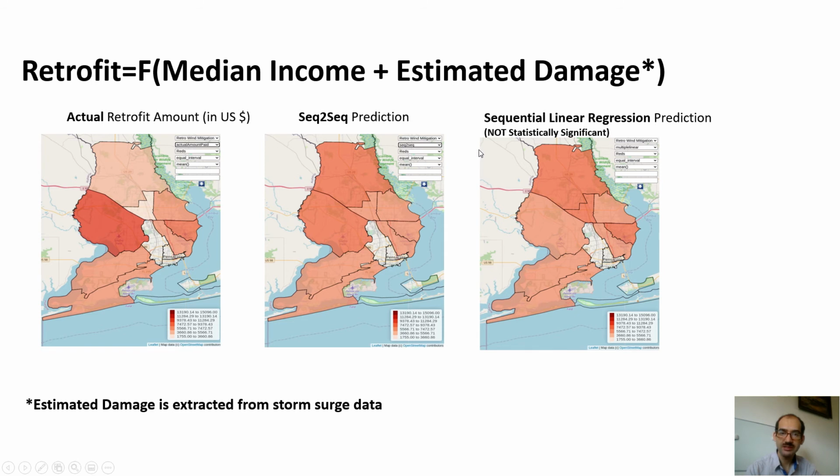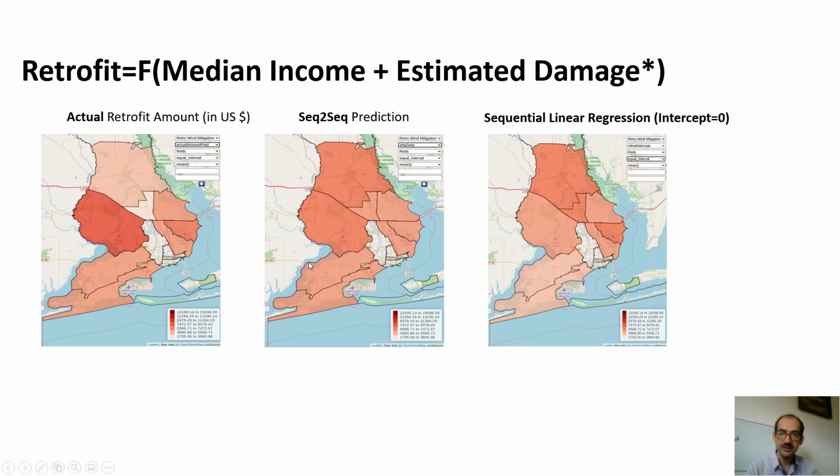As I was using UrbanSim, I found that I can use statsmodels to verify whether the coefficients for this type of regression, the sequential linear regression, are significant.